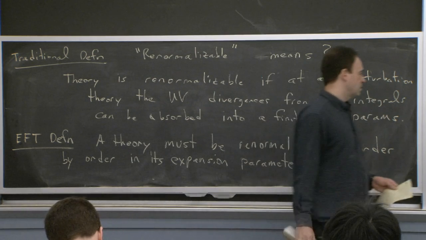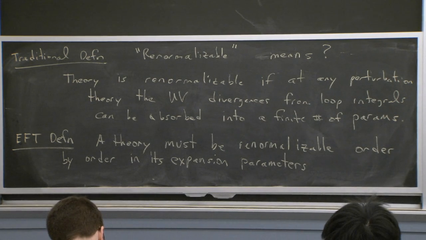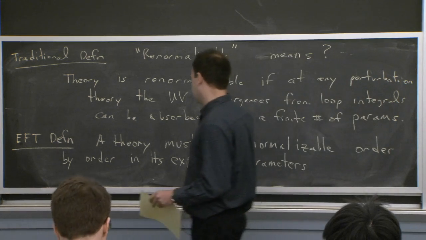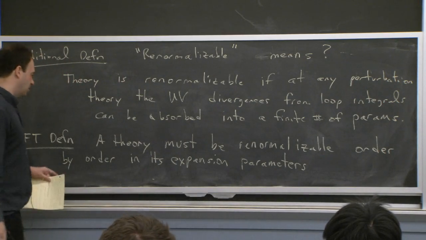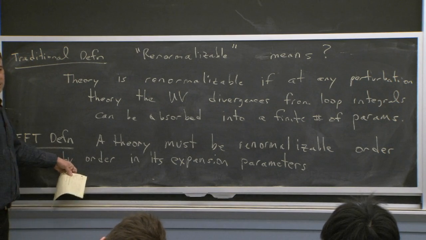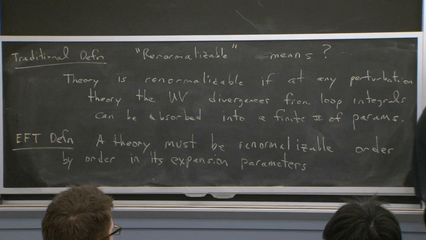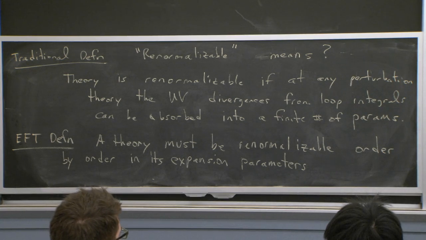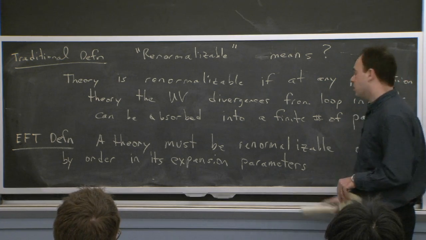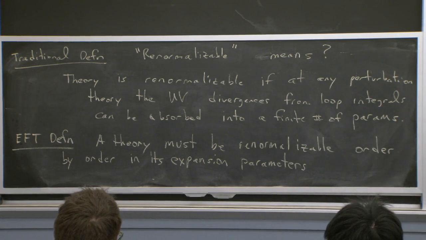So even just this sentence alone tells you why power counting is such an important part of the effective theory, because the effective theory, to make sense as a renormalizable quantum field theory, needs to know about its expansion parameter. We're saying that we can make sense of the theory, absorb all the infinities, only order by order in expansion parameters in general.